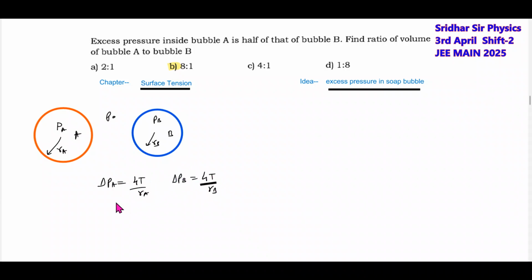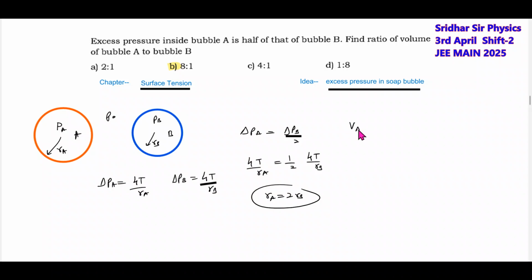What is the condition given? Excess pressure in bubble A is half of this one. So this will become 4T by RA equals 1 by 2 of 4T by RB, so RB is two times RA. Find the ratio of volume of the bubble, VA by VB.